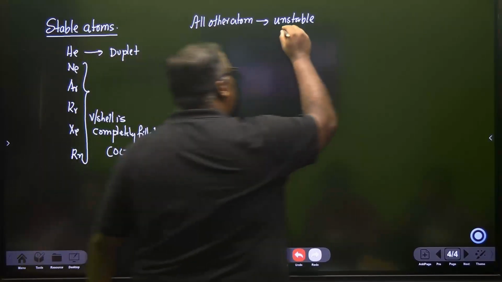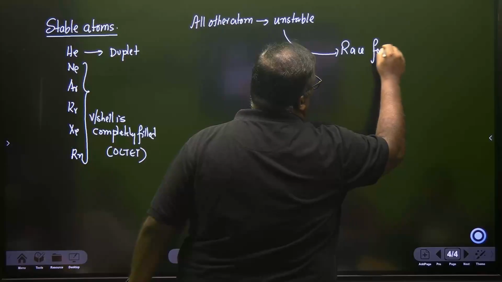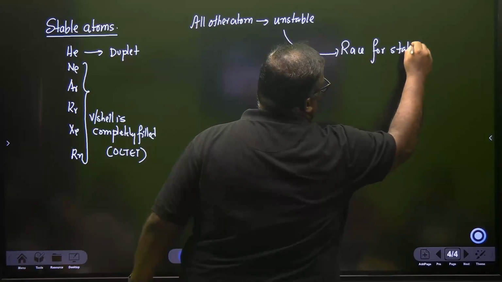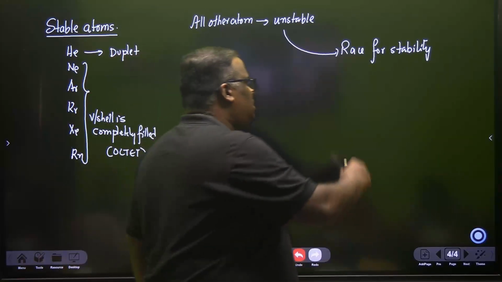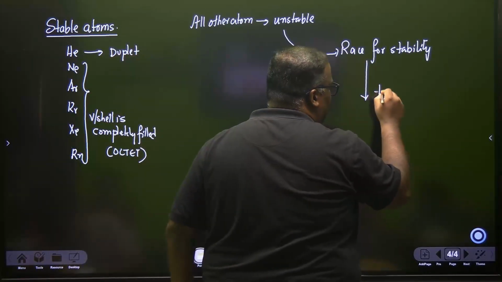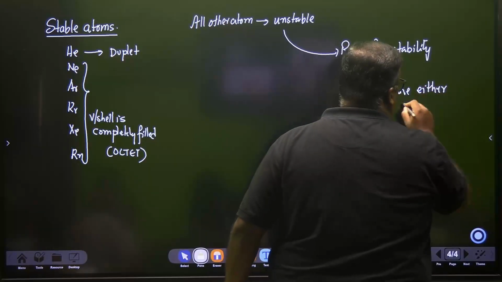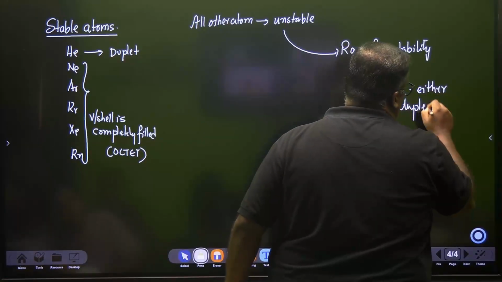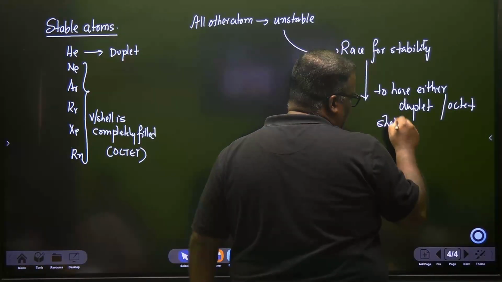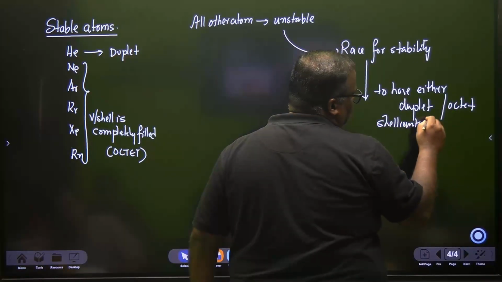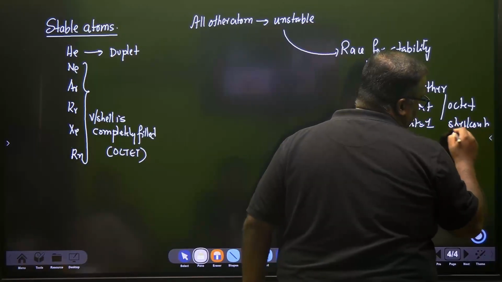So all of them have something known as the race for stability. They have a race for stability. There is a bug inside them. And the race for stability is simple, to have either a duplet or an octet: duplet if the shell count is equal to 1, octet if the shell count is greater than 1.